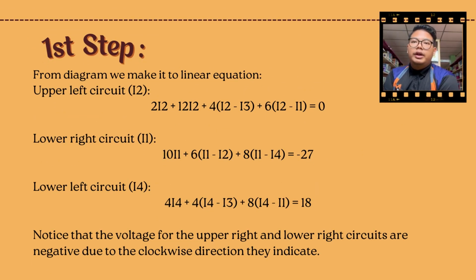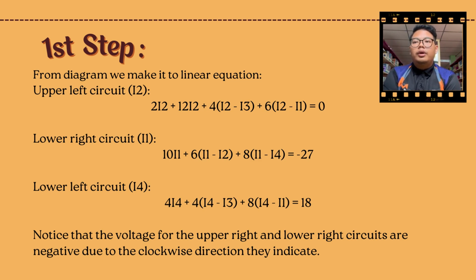Next, the equation for the upper left circuit, which is I2, will be 2I2 plus 12I2 plus 4 in bracket I2 minus I3 plus 6 in bracket I2 minus I1 equals 0.